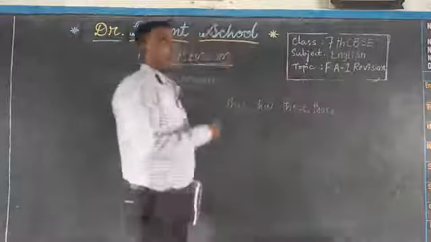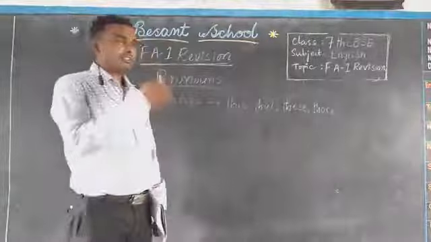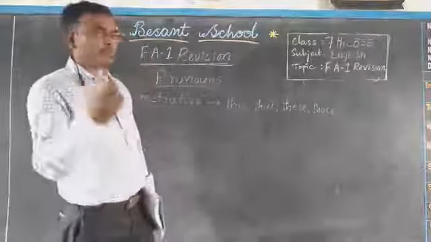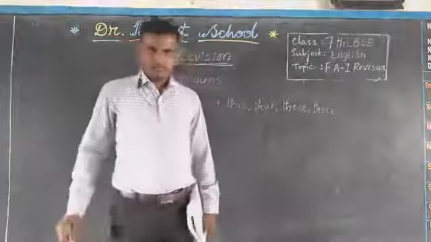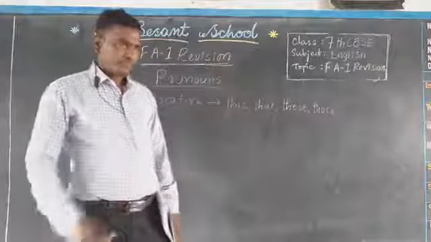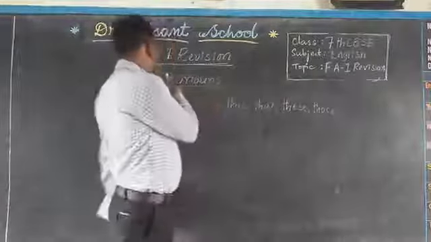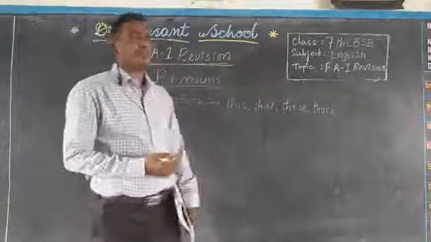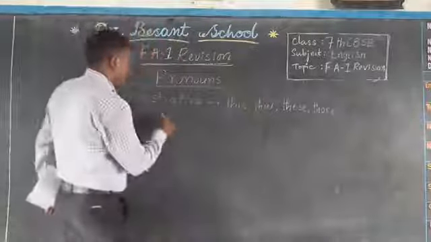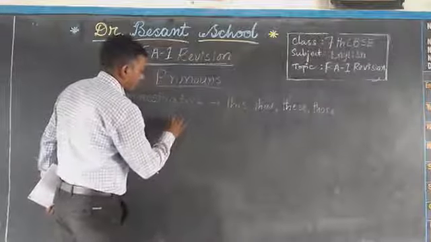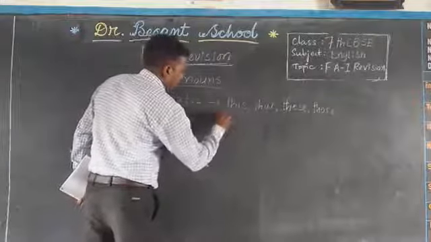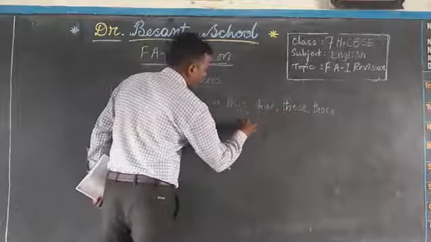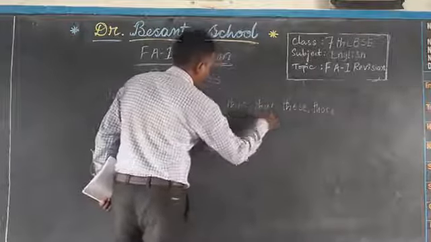So how does the question come from here? This is a book, this is underlined. What kind of pronoun is the underlined word? Is it a demonstrative pronoun? Understood? So for example, this is a classroom, right?